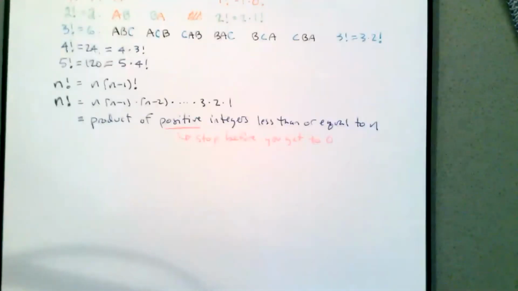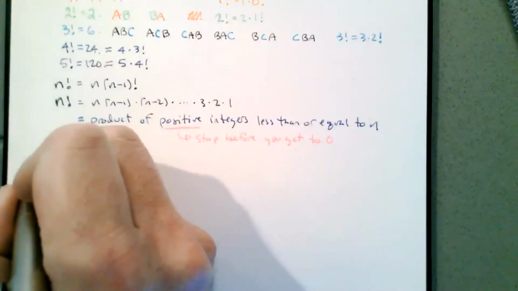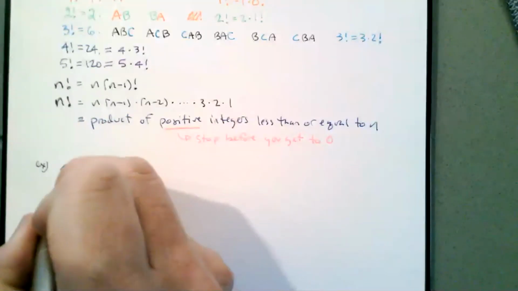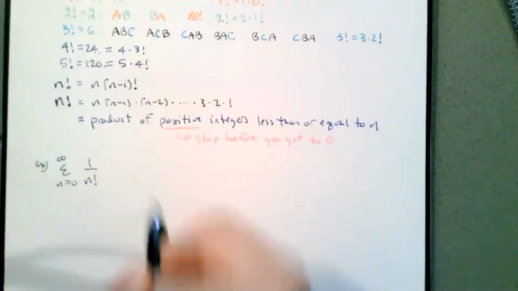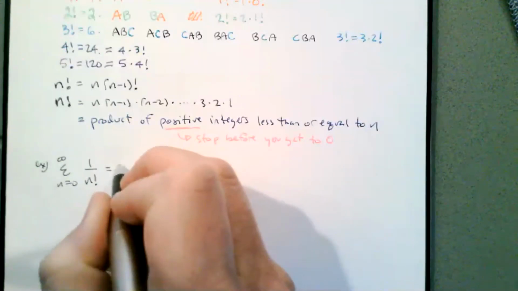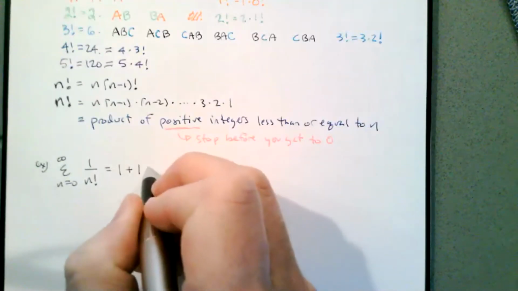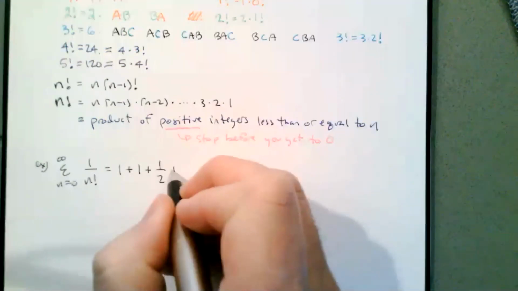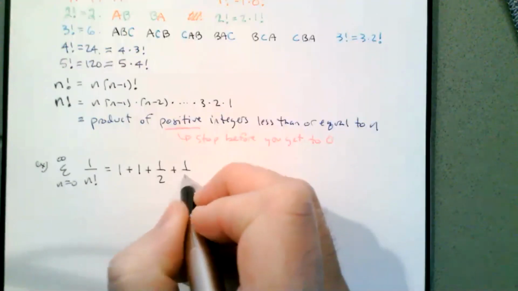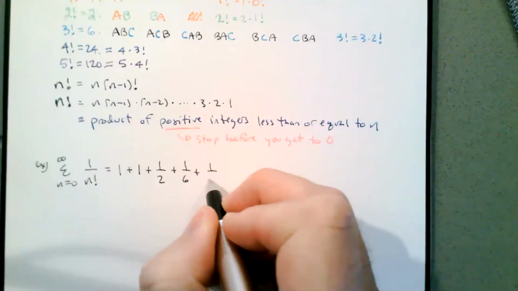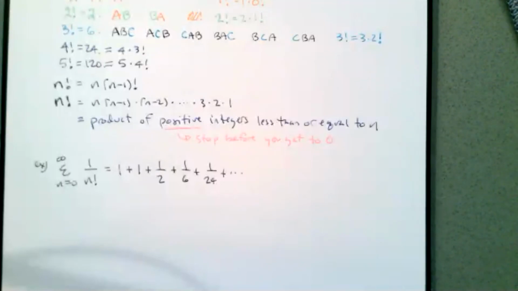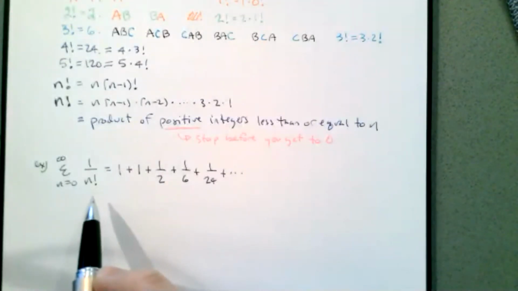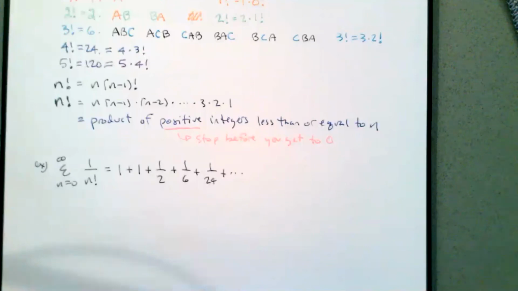So, where were we? Oh yeah, we're looking at series. For example, take the series as n goes from 0 to infinity of 1 over n factorial. That's 1 plus 1 plus 1 over 2 factorial plus 1 over 3 factorial plus 1 over 4 factorial, and so on. We see the factorial, so we want to think, let's do a ratio test.